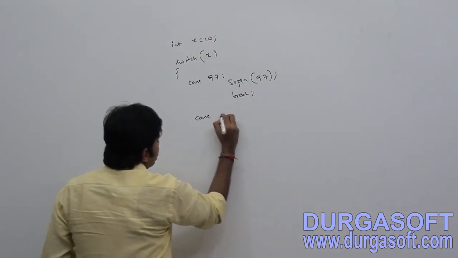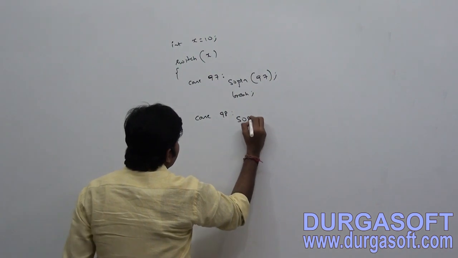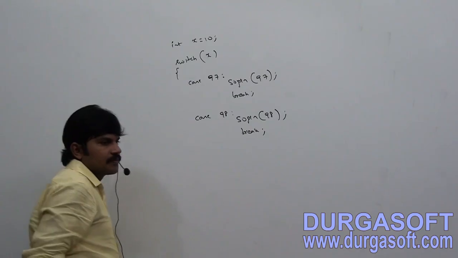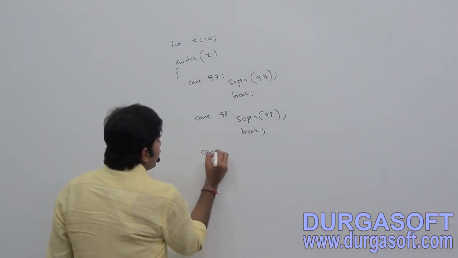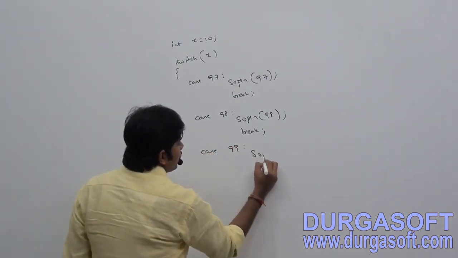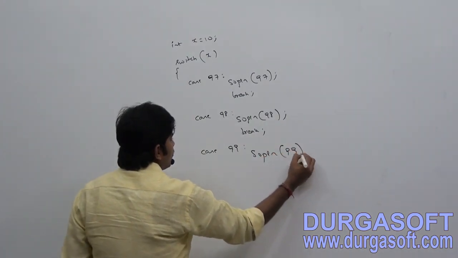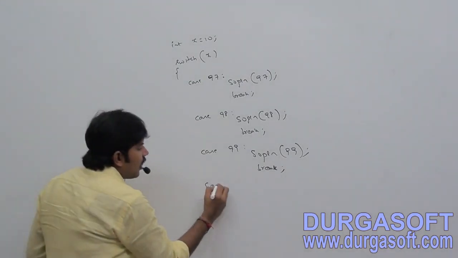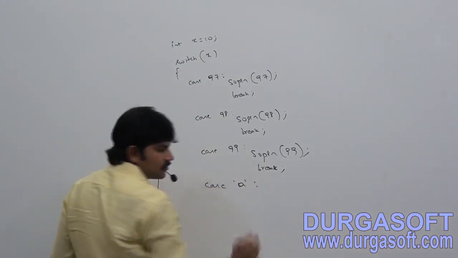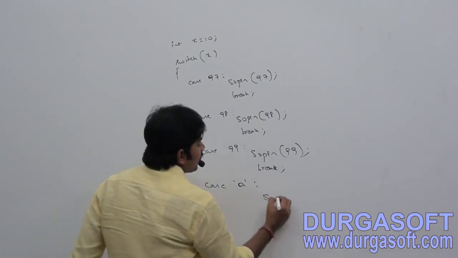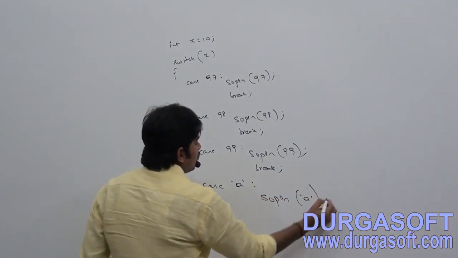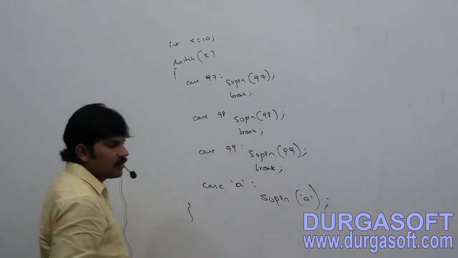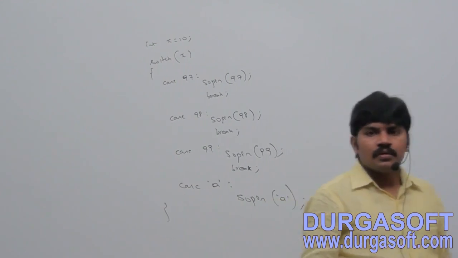Next case 98, SOP of 98, break. Case 99, SOP of 99, break. Next, the last one, case 'a', SOP of 'a'. Case 'a'. Can you tell, is it valid or invalid?